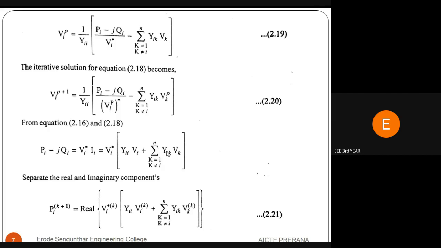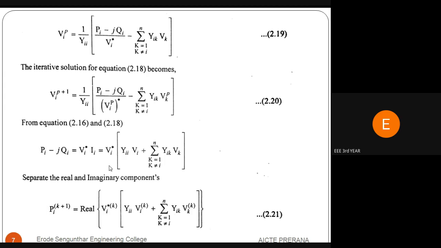From this equation, we have to separate the real part and the imaginary part. So first we separate the real part. So Pi(k+1) is equal to the real part of Vi conjugate(k) times Yii Vi(k) plus summation of k equal to 1, k not equal to i, to n Yik Vk, to the power k.